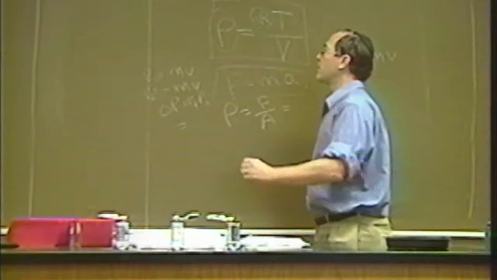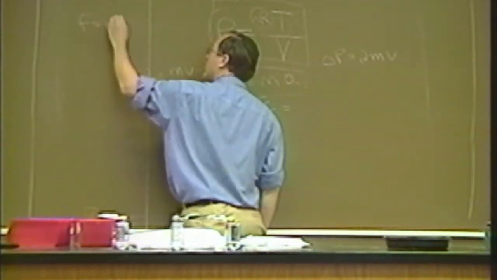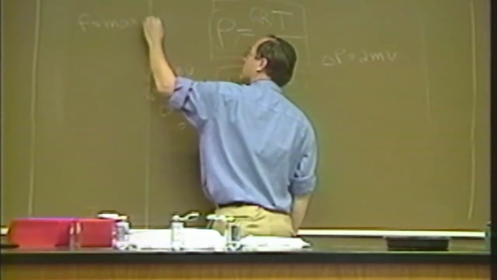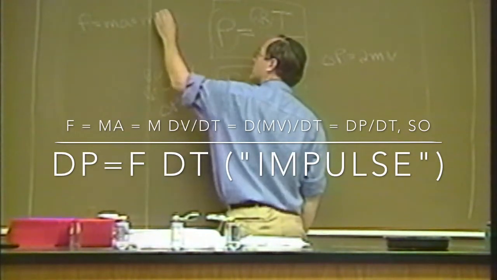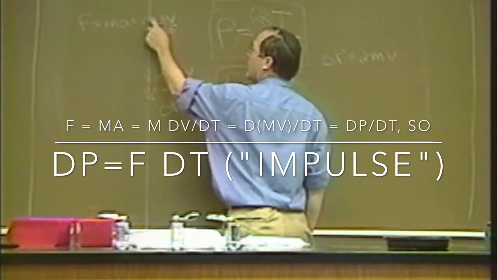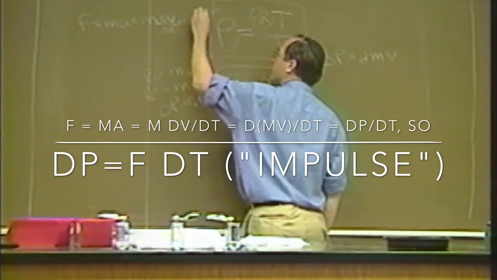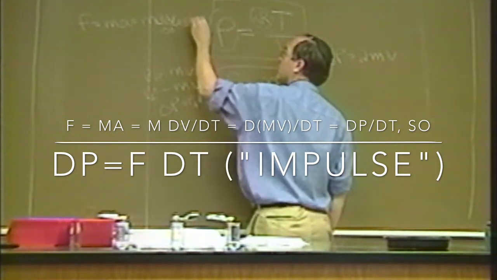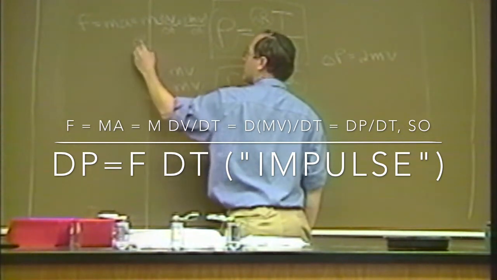Remember, we had F equals ma. What's the definition of a? Delta v over delta t, change in velocity over time. So m delta v, if the mass doesn't change, we can write as delta mv over delta t. And mv is p, so this is delta p over delta t.